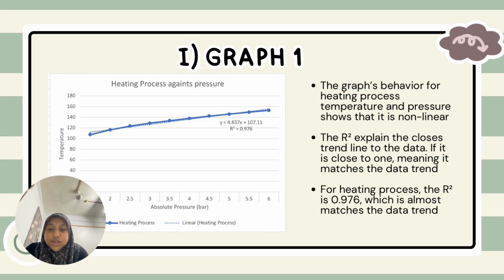Graph 1 shows the heating process against pressure. The graph's behavior for the heating process shows that temperature and pressure are nonlinear. The R square explains the closest trend line to the data. If it is close to 1, it matches the data trend. For the heating process, as shown, the R square is 0.976, which almost matches the data trend.